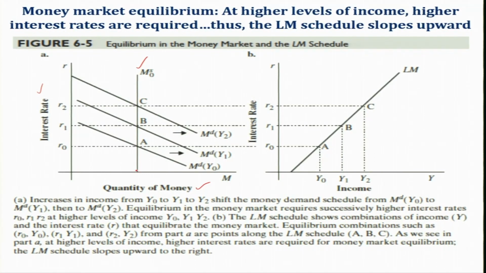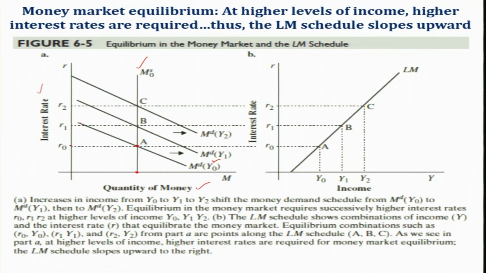At a given point of time, this is the money supply, MS naught. Then let us begin at a given level of income, for example y naught, and at a given rate of interest, for example r naught, we can see that this is the money demand curve.